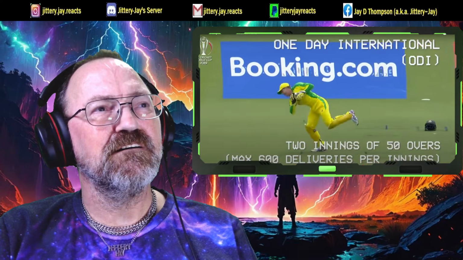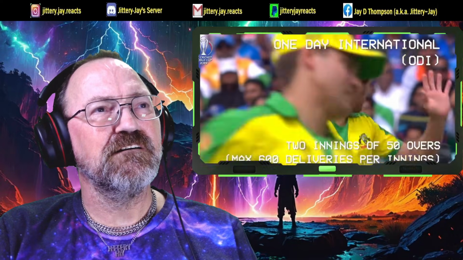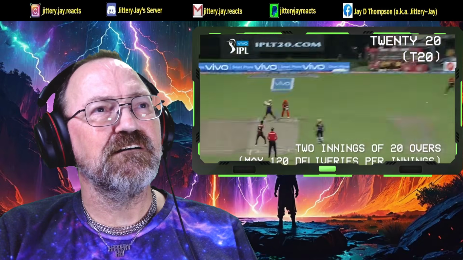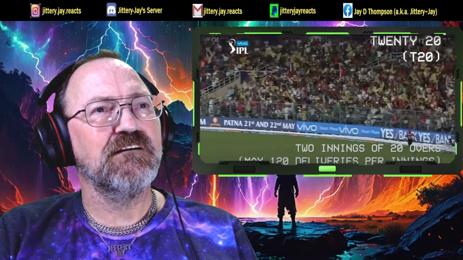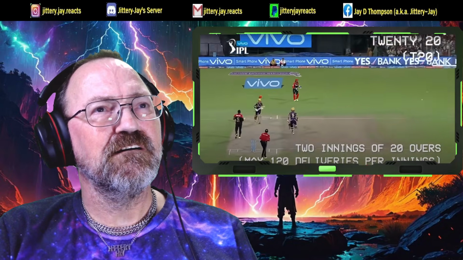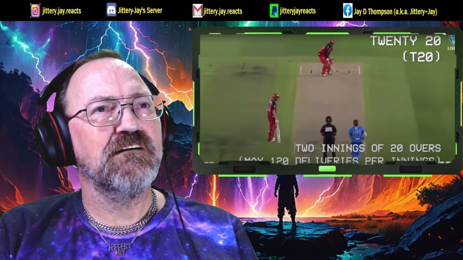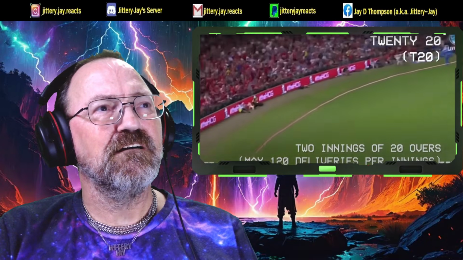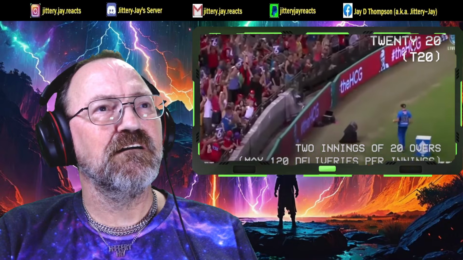These are played between national teams, and each team has 50 overs. And then there's also T20 cricket, which is 2020 cricket, where both teams get only 20 overs. This style of cricket was invented to be more exciting and more fast-paced, and to put the length of an individual match around the same as other common sporting events around the world.